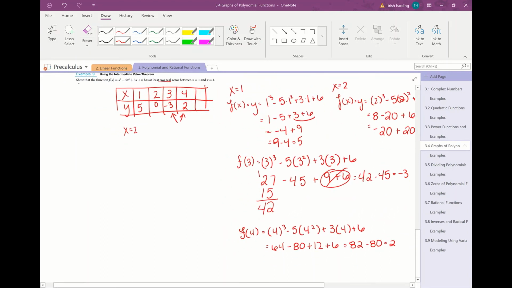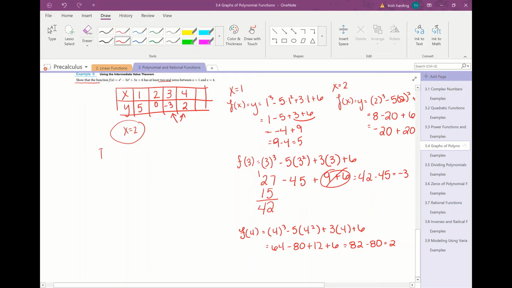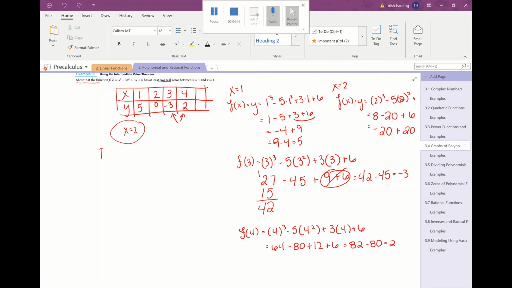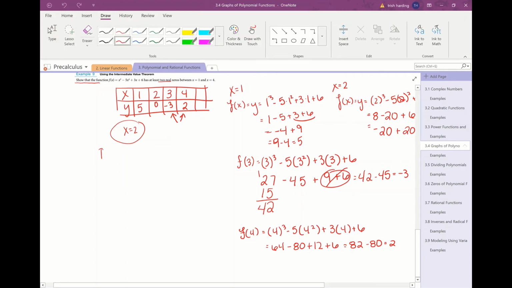That's according to the intermediate value theorem. And that's actually all it asks. So when it says show that the function has at least 2 real zeros, I'm not really asking you to find those zeros. So you know that x equals 2, which is a real zero. And we can say by the intermediate value theorem, and that's exactly how you can abbreviate it.